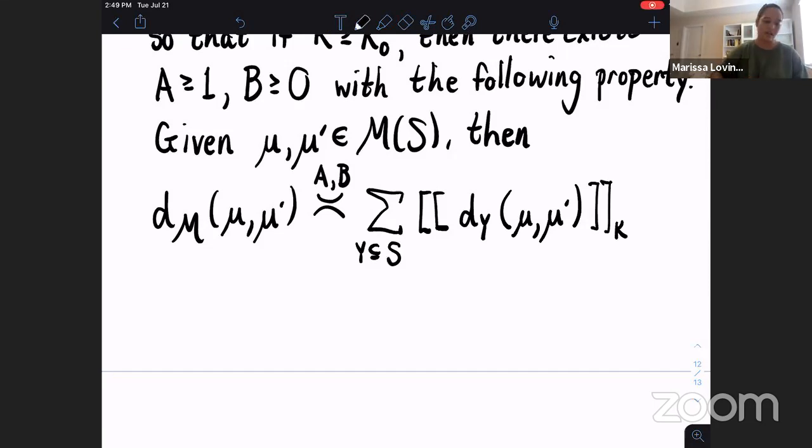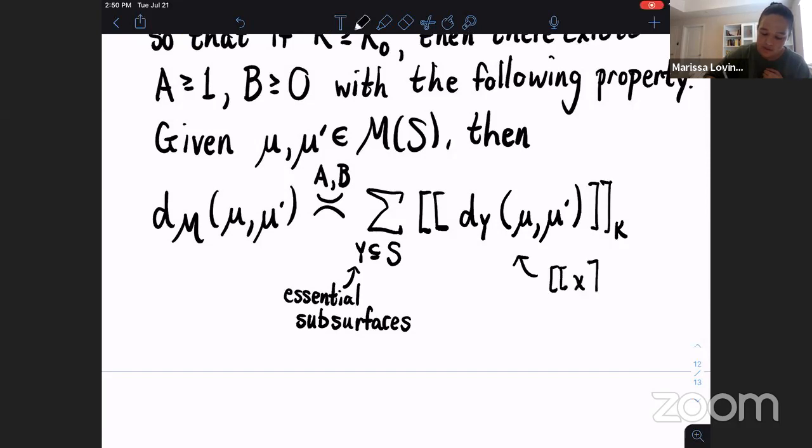Okay, so let's do a little bit of unpacking because there's a lot of notation here. These Y are our essential subsurfaces. We are allowing annular subsurfaces. That's why we took time to define the annular projections. This double bracket notation is a cutoff function.